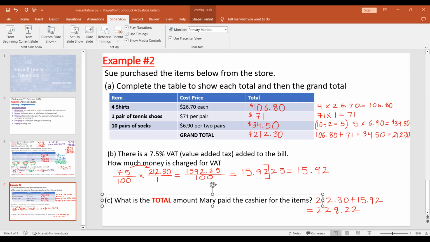Okay, adding everything up gives us $212.30. B says there's a 7.5% VAT added to the bill. How much is the VAT?